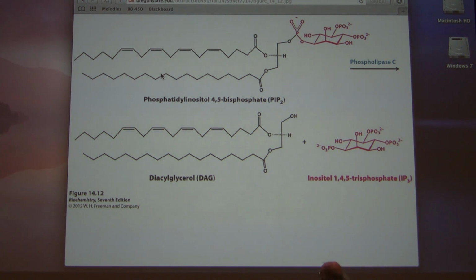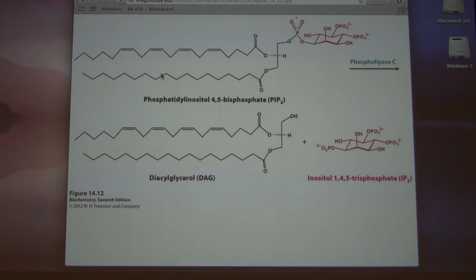All right? Now, it's important here because both of these molecules act in a signaling capacity. They both act as second messengers. So this signaling pathway that I'm describing to you here involves creation of 2 second messengers, and it happens through the activation of phospholipase C. Now, what happens in this process is that you see the breaking of the bond between these two things here.